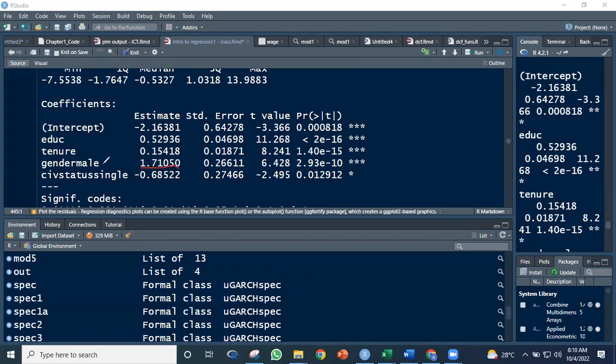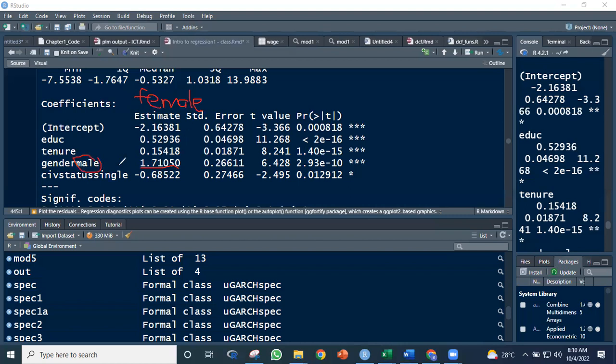Okay, we always interpret our dummy variable in relation to the benchmark. The benchmark is female, which means this was made to be 0. And what's good with R is that it has a convention of putting here gender male, which means you interpret this as male, but relative to female.